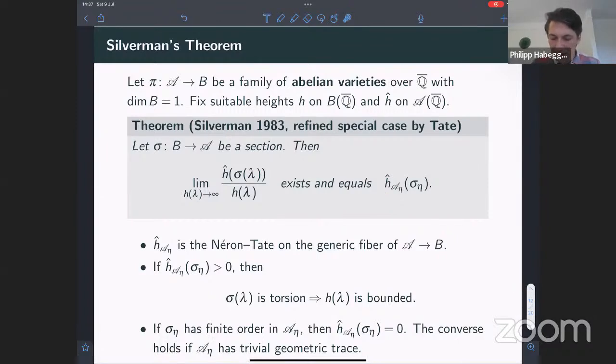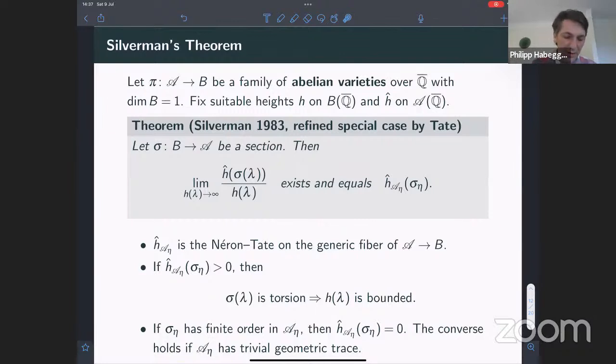So what is this limit value here? Okay, so we have this family of abelian varieties over a one-dimensional base. And this one-dimensional base has a generic point, and above the generic point, we get an abelian variety over the function field of the base. And on this abelian variety, we can also introduce a Néron-Tate height.